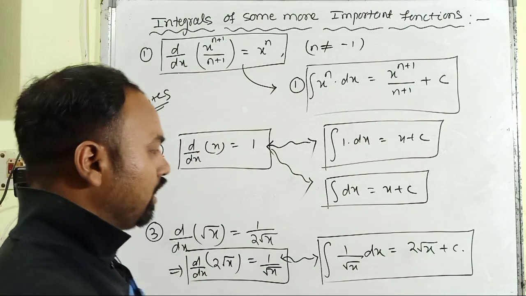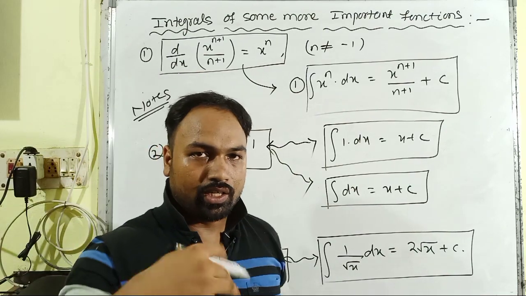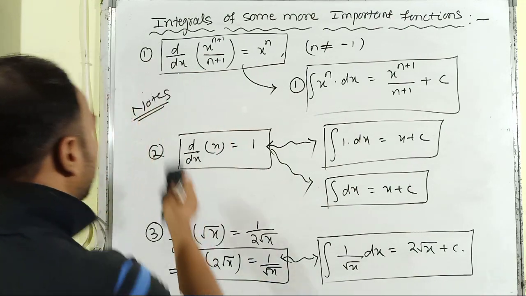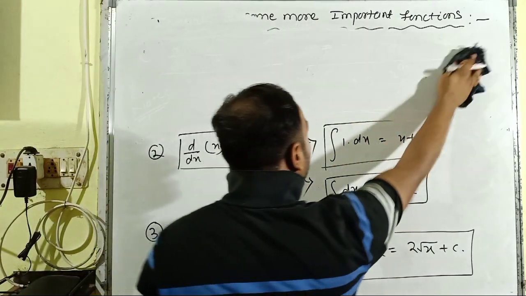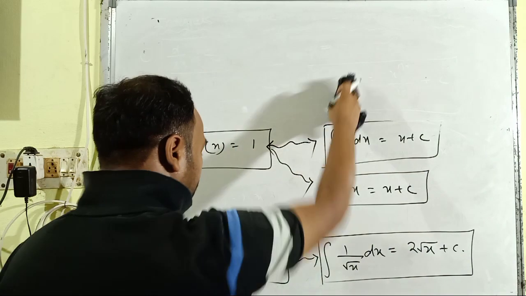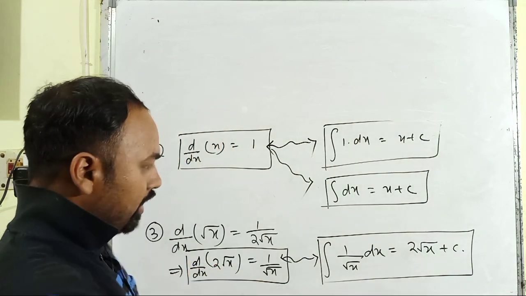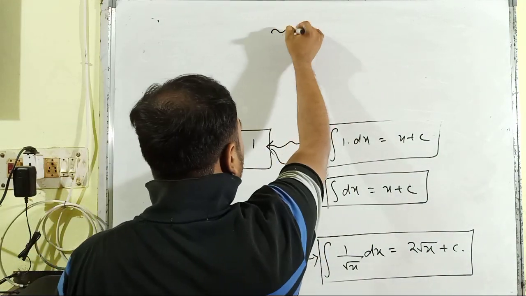Okay, so these are the three formulas we have studied. Next, let us move towards some of the rest of the formulas in the topic of integration. Also here you can take this third formula in a different manner.